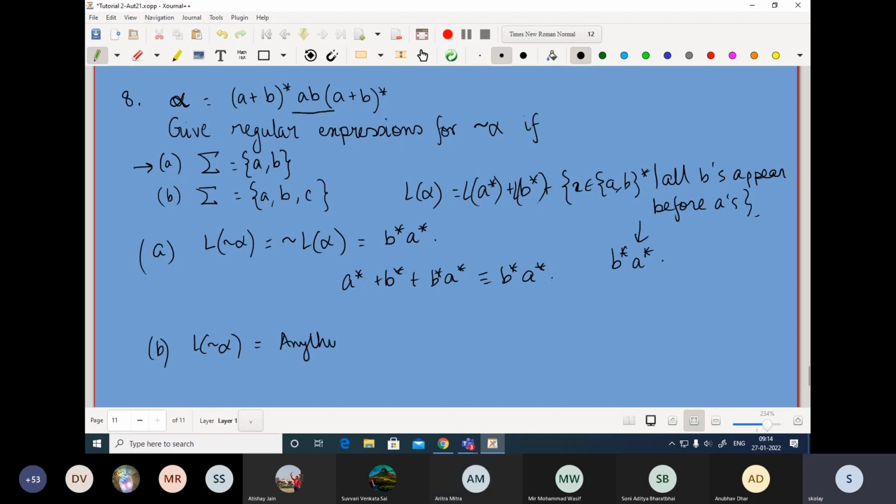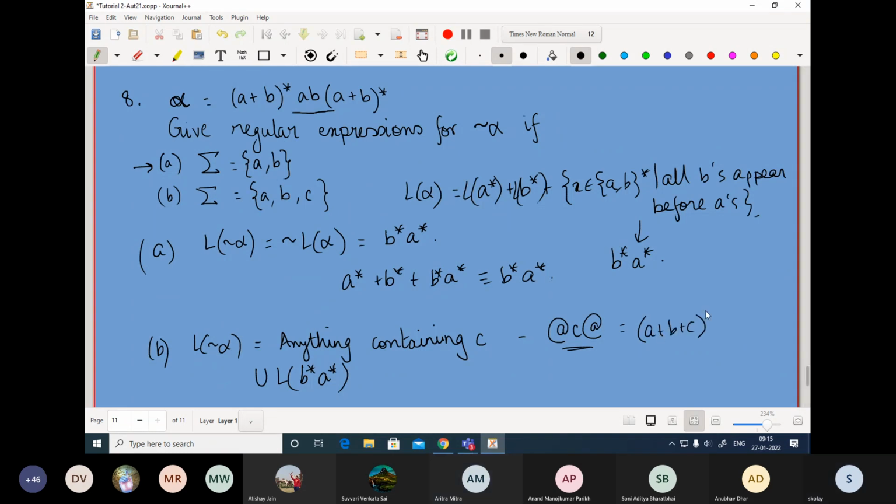Anything containing c, and then b star a star. How can you write anything containing c? c star? At least one c. Something like (a plus b plus c) star, c, (a plus b plus c) star.